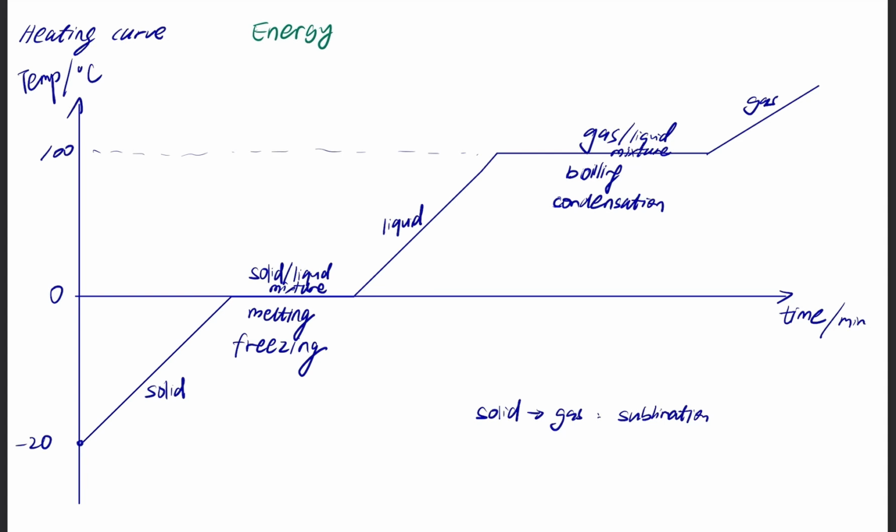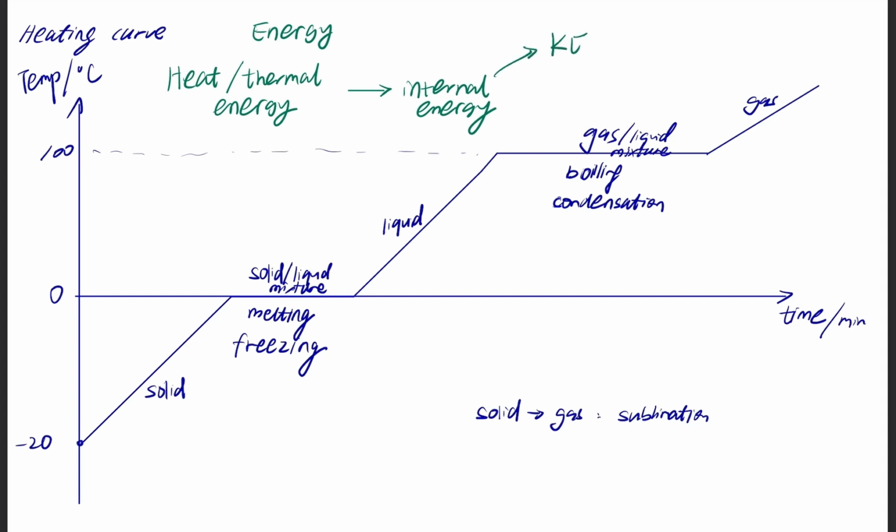So when we are heating, what form of energy are we introducing to the system? It's actually heat or thermal energy. And when we introduce thermal energy, this system is going to take it and convert it to internal energy. Now, you may not have learned this in lower secondary, but internal energy is actually divided into kinetic energy as well as potential energy.